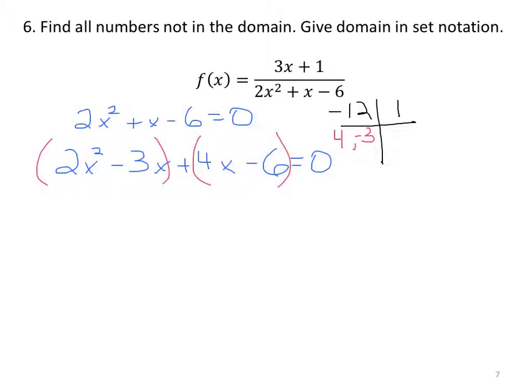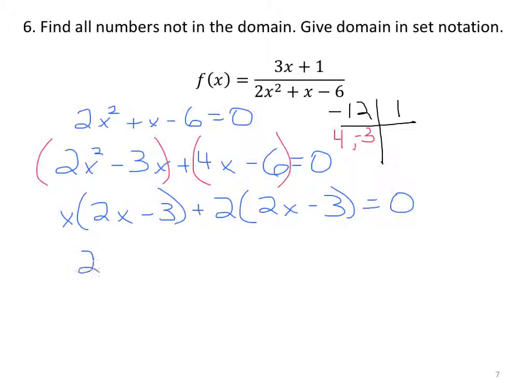And from each group we factor common factors. In the first group, the common factor is x, and we have 2x minus 3 left. And in the second group, the common factor is 2, and we also have 2x minus 3 left. So now 2x minus 3 is our common factor, and when we factor it out, we're left with x plus 2. So this completes the factorization.